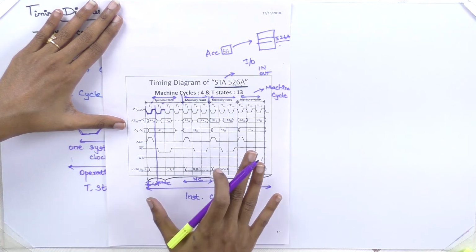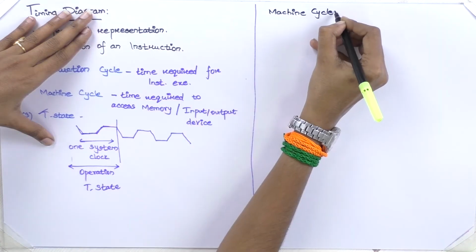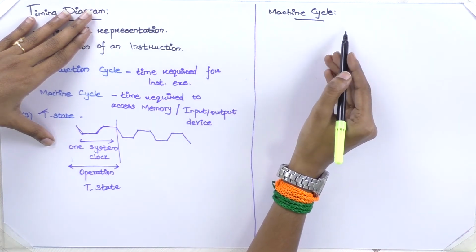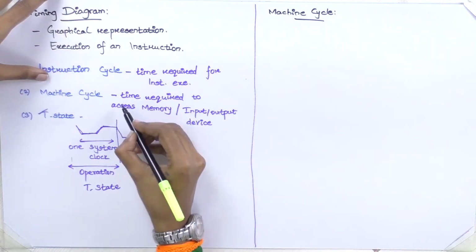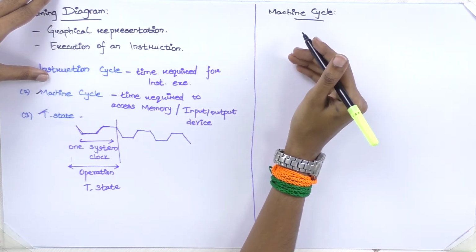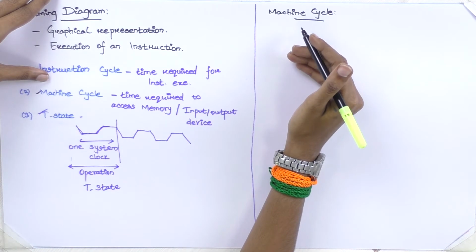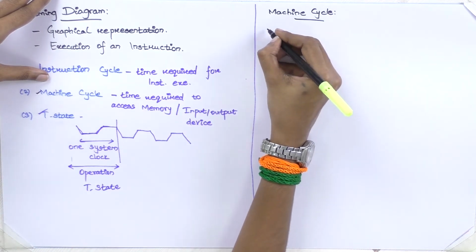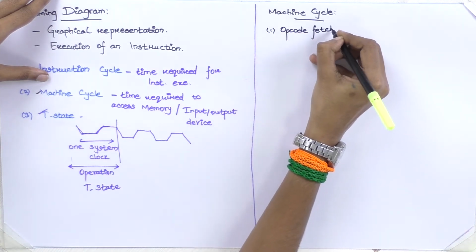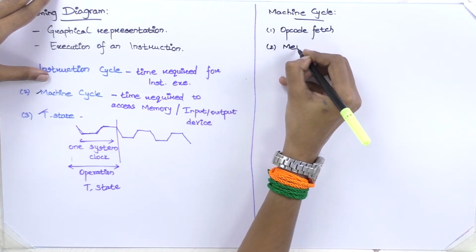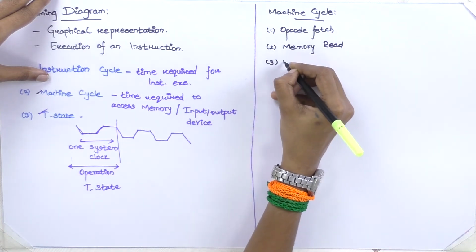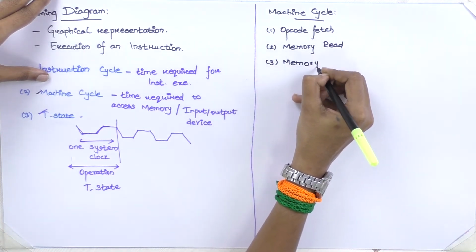Okay, fine. So now we will see about the machine cycles. As I told you before, the machine cycle is nothing but the time required to access the memory or input output devices, as we have seen here. The operations that we do for accessing the memory or input output devices could be opcode fetch, then memory read operation, then memory write.